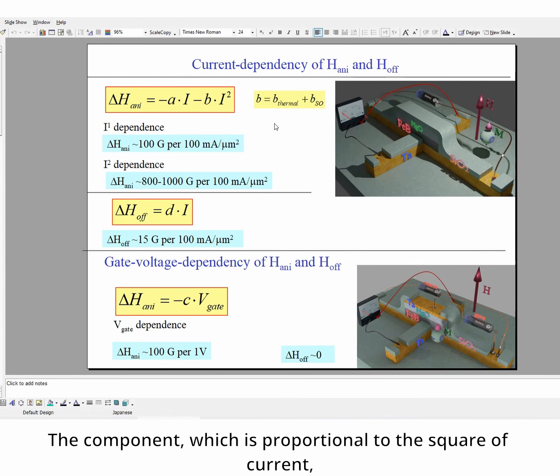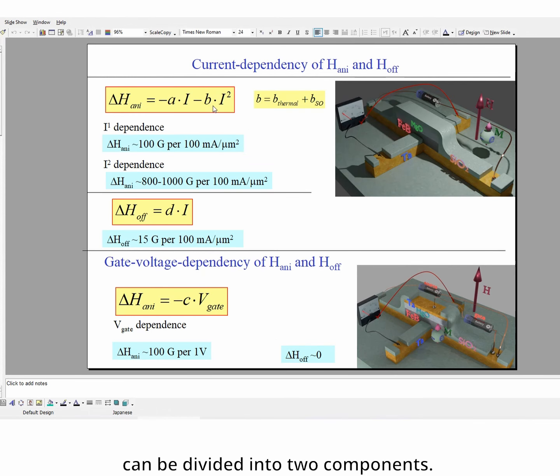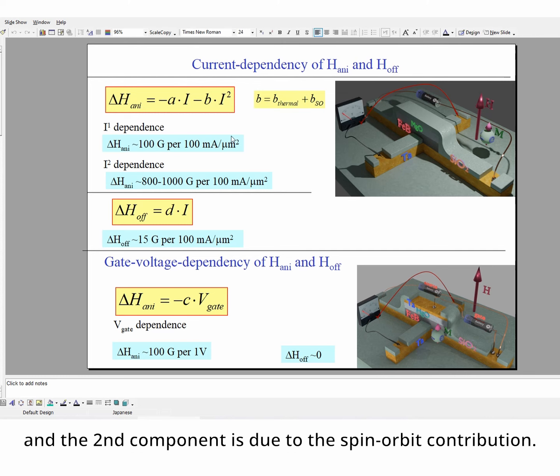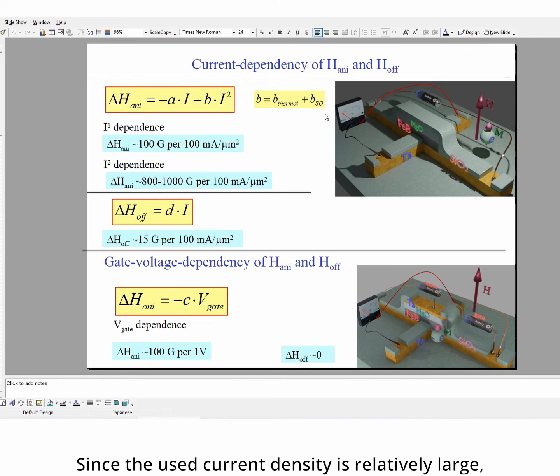The component which is proportional to the square of current can be divided into two components. The first component is due to the thermal contribution, and the second component is due to the spin-orbit contribution. Since the used current density is relatively large, the nanomagnet is heated up a bit under the current.